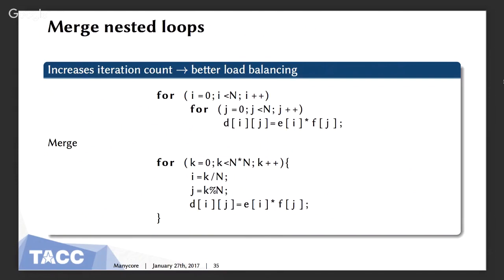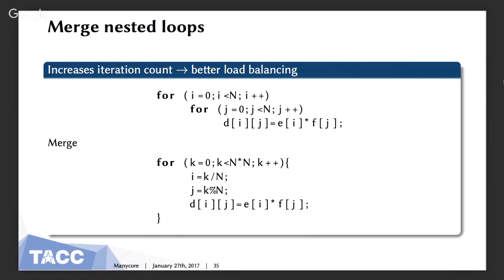Okay, another thing that you might consider doing is merging nested loops to increase the iteration counts. And what this results in is better load balancing. So imagine I parallelized the top for loop, for i equal to 0, i less than n, and so on.